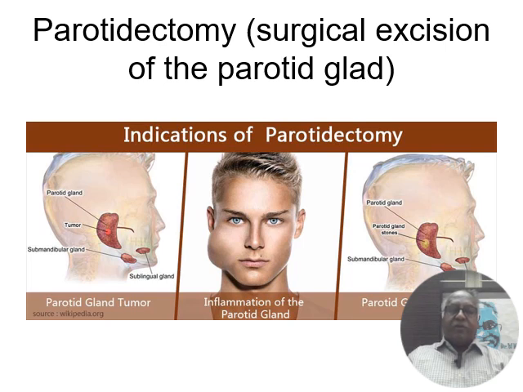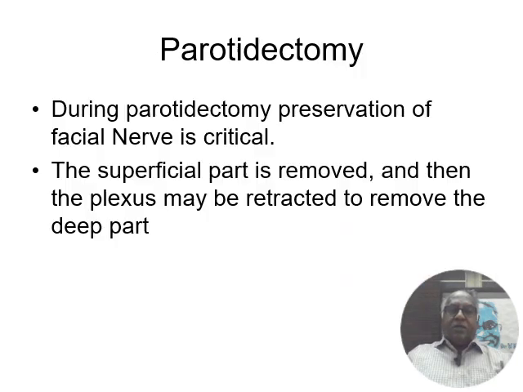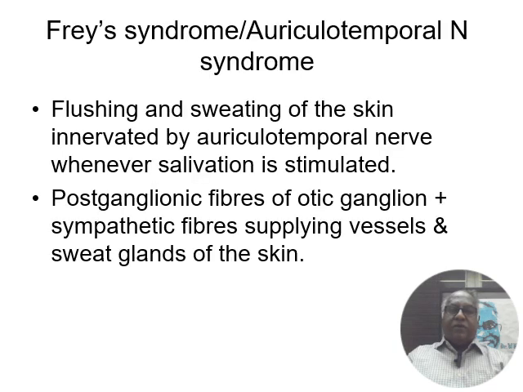Parotidectomy has to be careful because we saw that the facial nerve is going through the parotid gland. Very many branches are there, as many as 5 branches we saw, and these can be damaged during parotidectomy. So the surgeon has to be extraordinarily careful while operating upon the parotid gland. So parotidectomy has to be done very carefully.